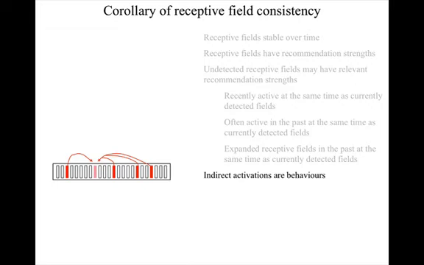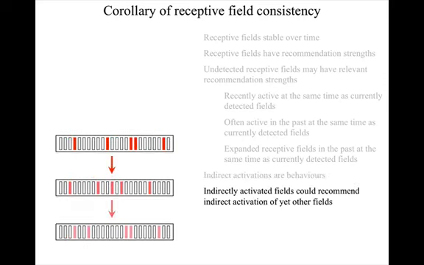On the other hand, if any or all of these indirect activations took place in an uncontrolled fashion, the result would be confusion and a meaningless pattern of activation. So indirect activations must be behaviors that are recommended by receptive field detections and accepted or rejected just like any other behaviors. And there's another important point.